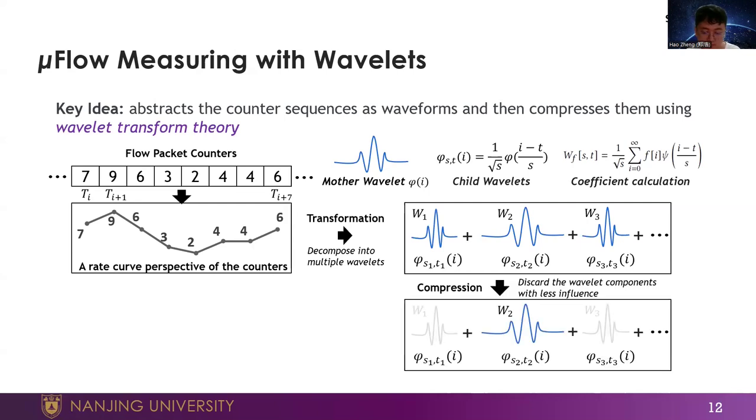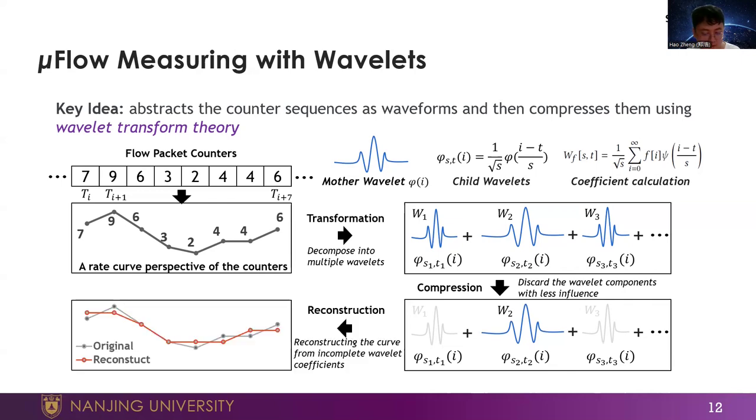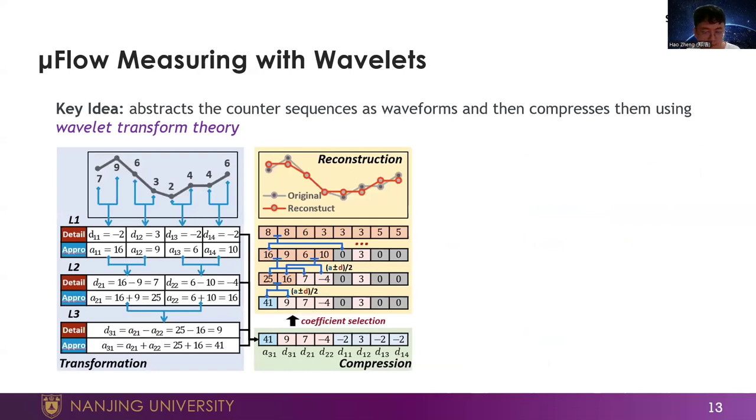Based on the transformation, the second step is compression. We can filter out the wavelet functions with least influence on the flow rate curve. Finally, the third step reconstructs the rate curve from incomplete wavelets with some accuracy losses. Here is a practical example to show the process of wavelet-based compression.